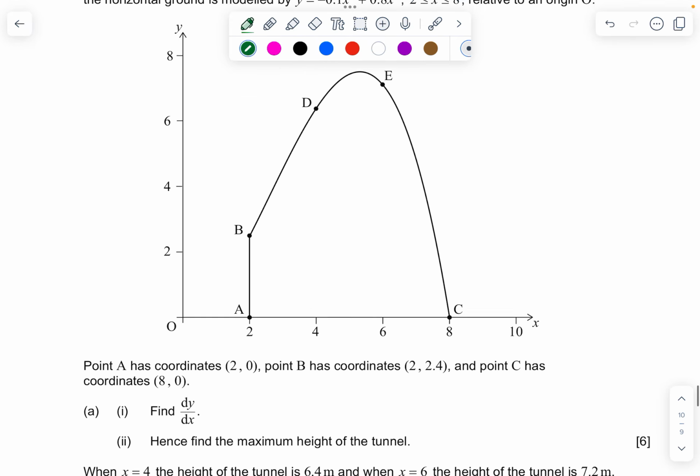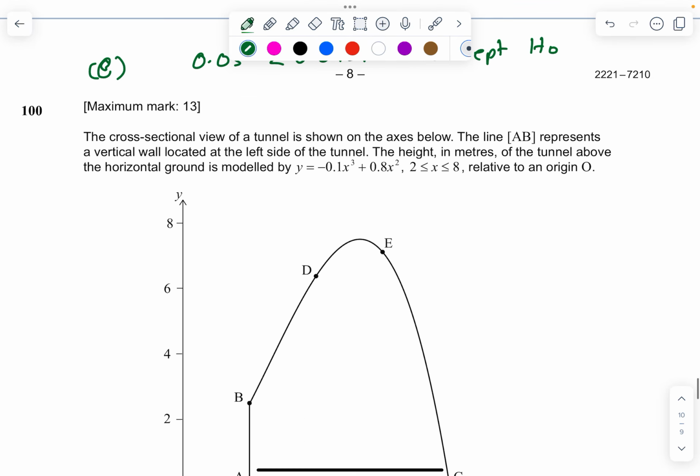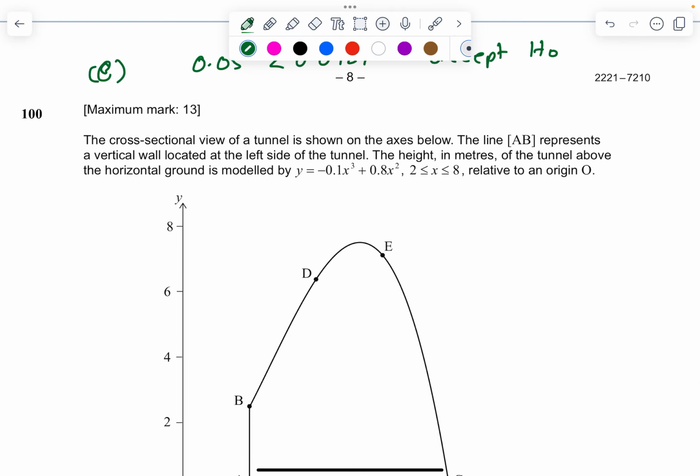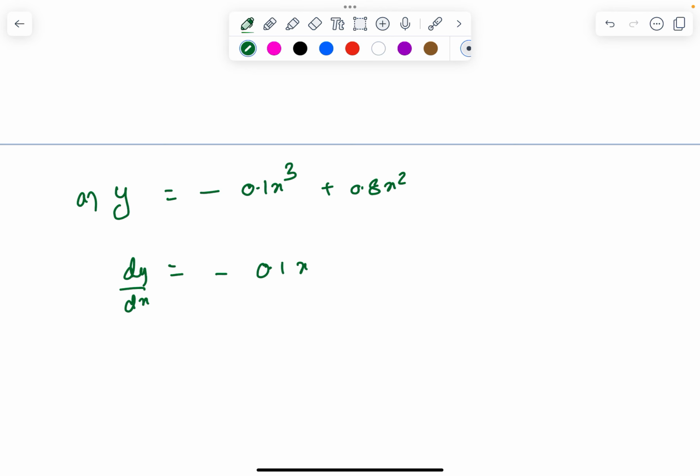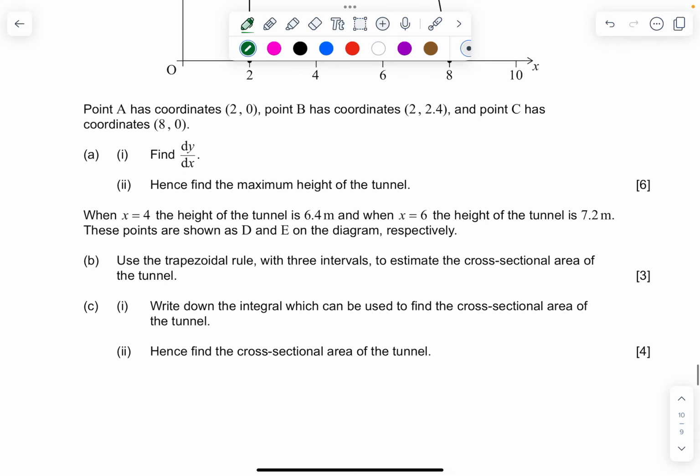So what was y? y equals minus 0.1 x cube plus 0.8 x square. So dy by dx is going to be minus 0.1 times 3x square plus 0.8 times 2x, which is minus 0.3 x square plus 1.6 x.